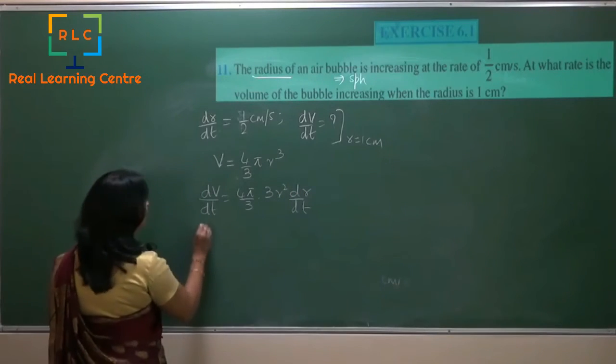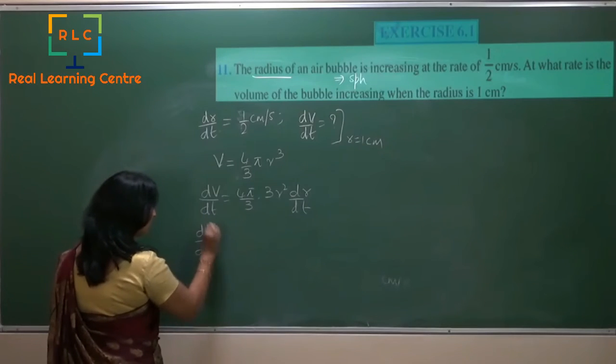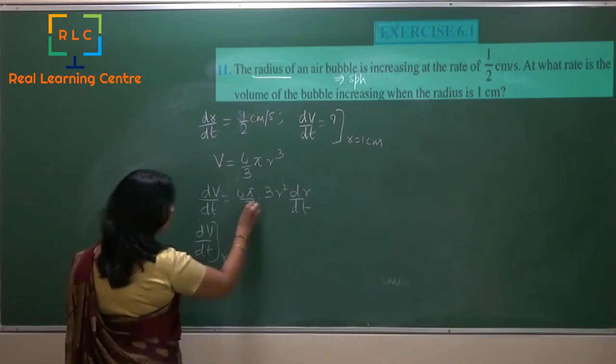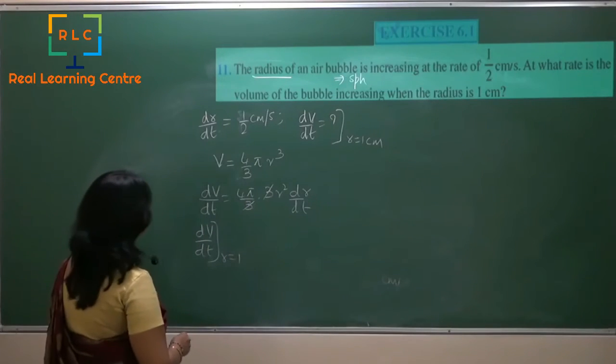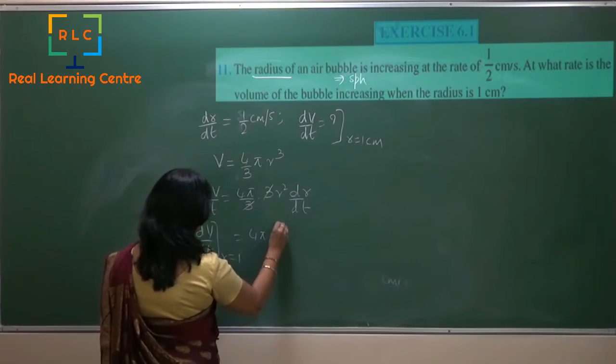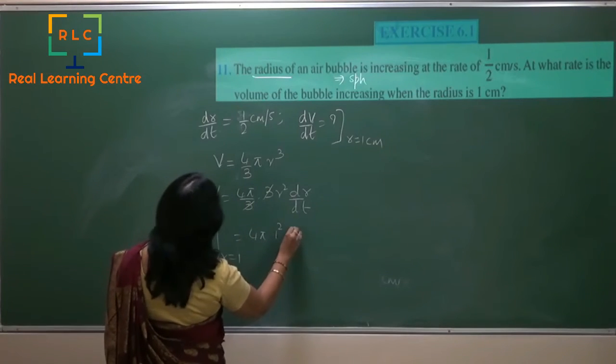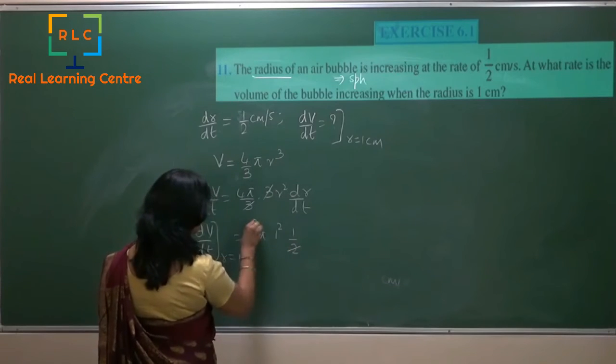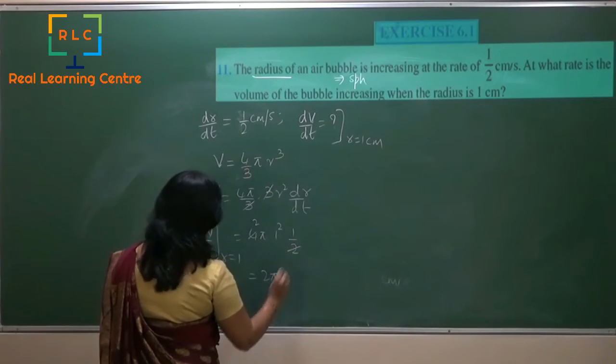So dv by dt when r is equal to 1, 3 got cancelled, we have 4 pi into 1 square into dr by dt, which is 1 by 2. 2 ones are 2, twos. So it's equal to 2 pi.